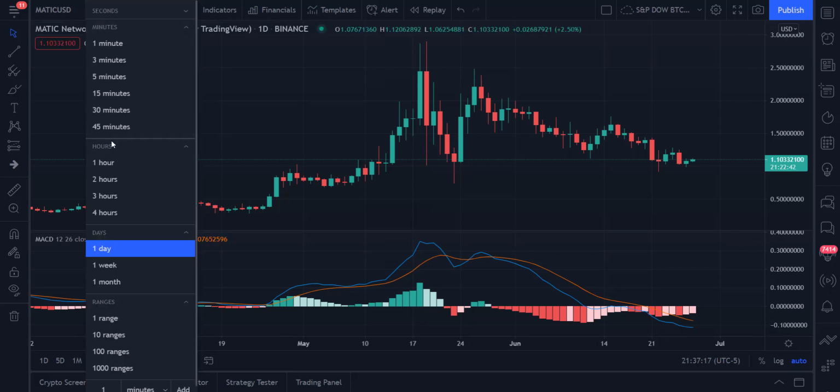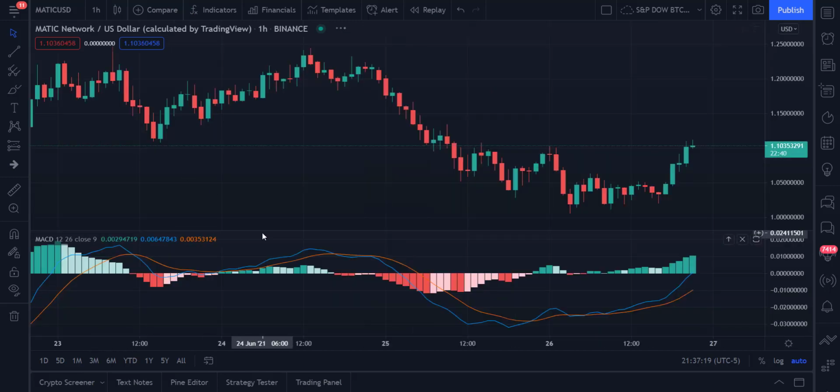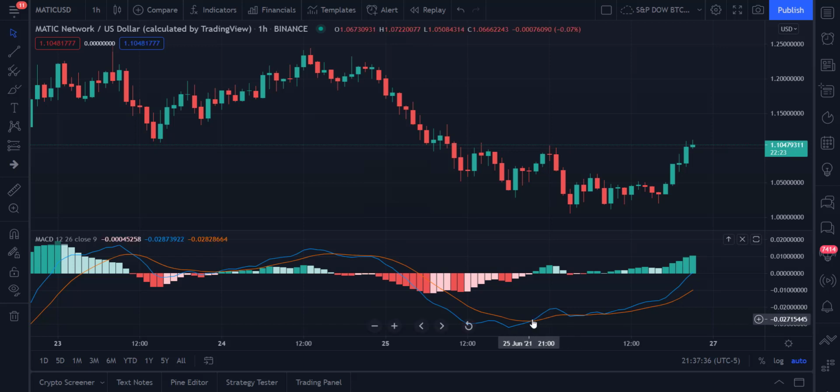Let's take this down to the 1 hour. One of the things that I like to see, my goal is always to trade with the larger trend, and the larger time frame trend here is definitely bearish. We're seeing bullish in the shorter time frame. So down here, yesterday, you have a bullish crossover on the 1 hour chart, and it just sort of inched its way higher.